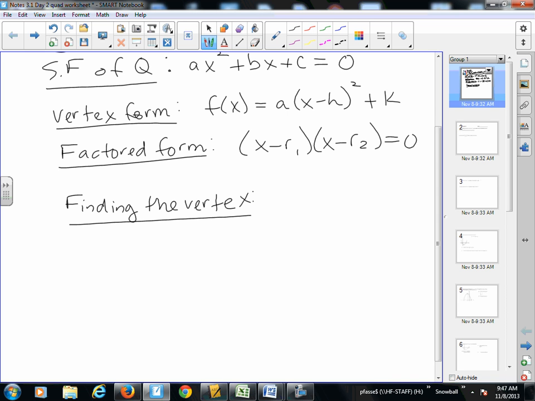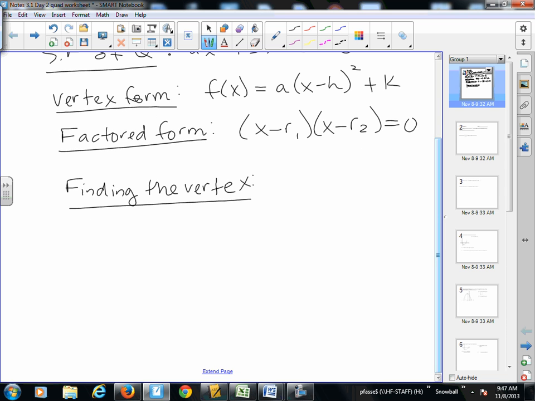Now, before we write what it is, let's go back to our example of y equals x squared minus 4x plus 4. And if we graph that, we would get that.